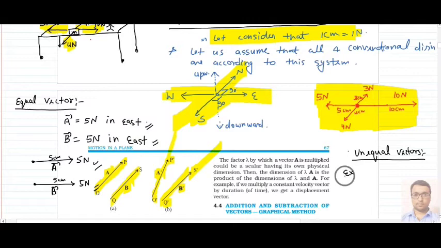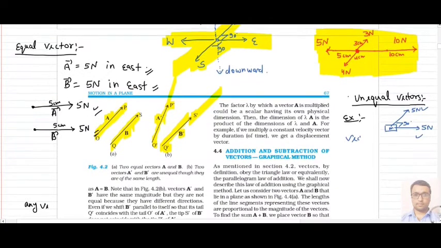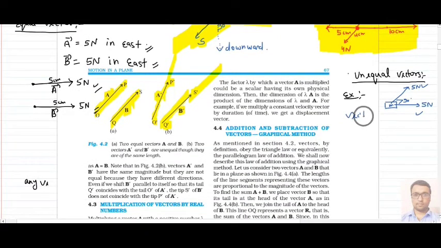More specifically you can understand it this way: suppose 5 Newton force is acting on an object here and another 5 Newton force is acting in this direction. Then you will say the forces are equal in magnitude, but the direction of both forces is different, and a vector has both things, direction as well as magnitude.